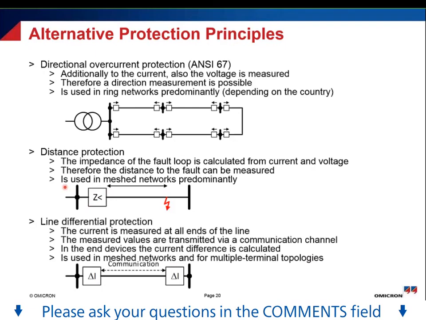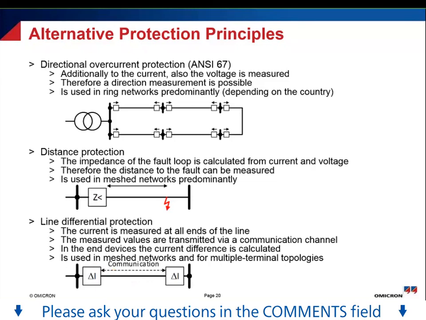Okay. And last but not least, we have the line differential protection. Here you can see the current is measured at all ends of the protected area. So you see this is our line, and the current is measured here and here. And additional to that, you have a communication between both protection devices.